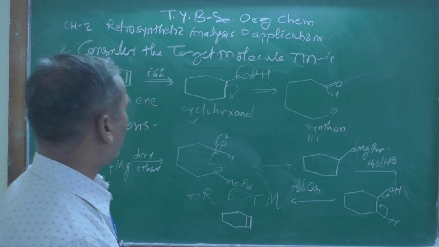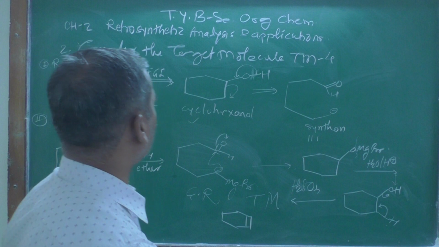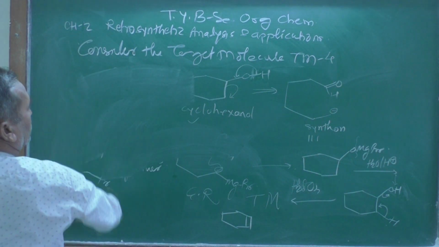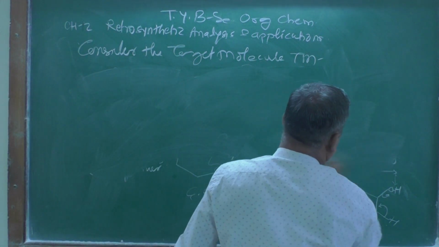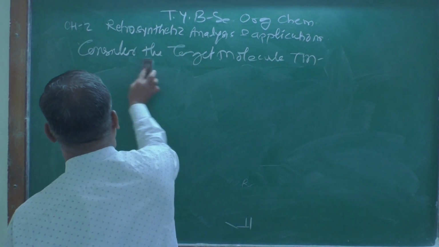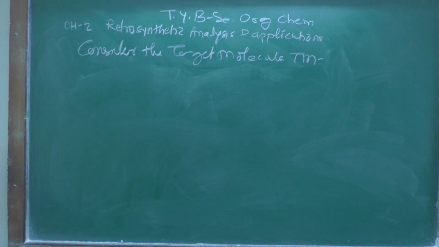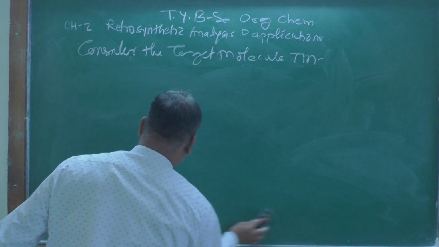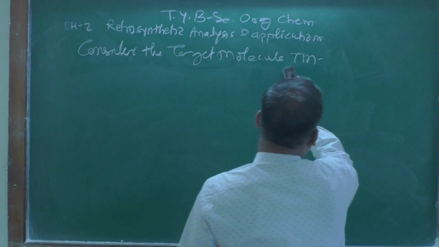Now let's see the next target molecule. Let me clean the board first so that we can see with clarity, and you can see very easily whatever reaction I am going to write on the blackboard.